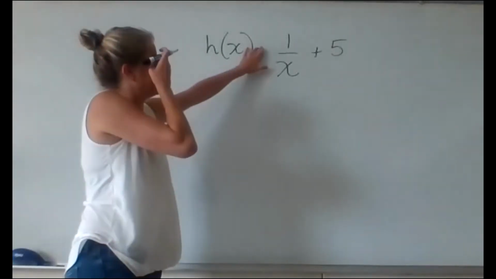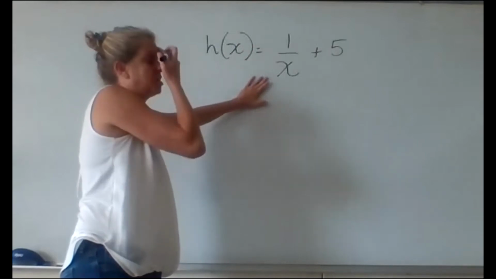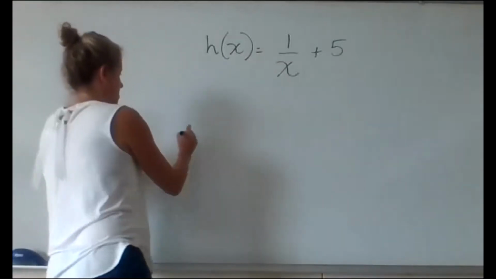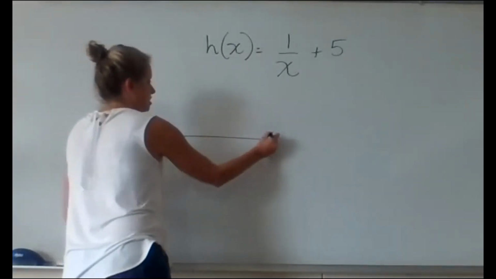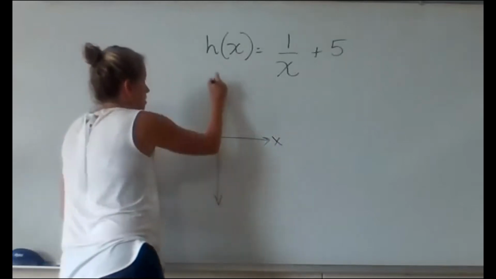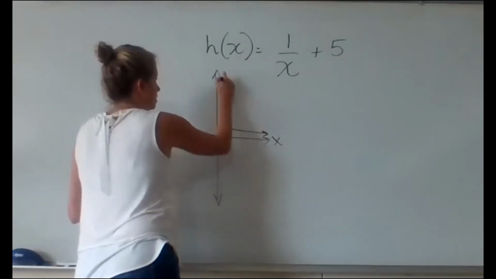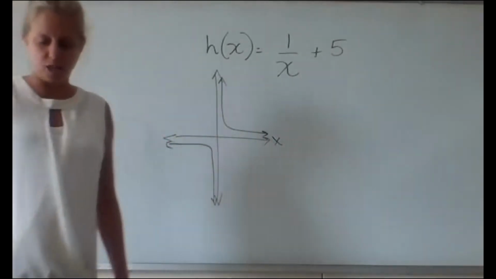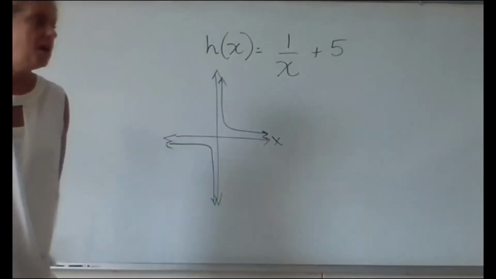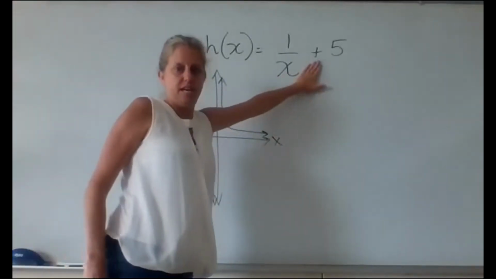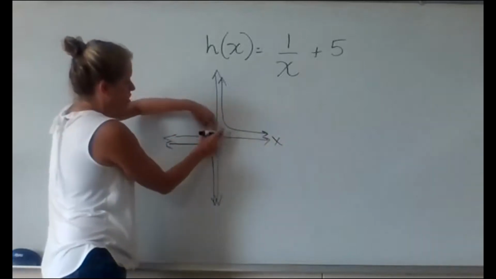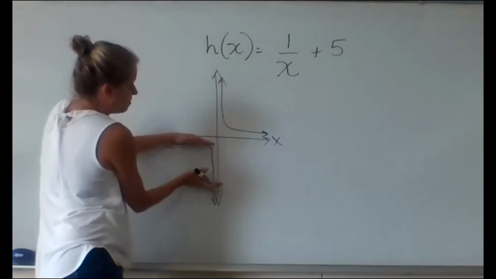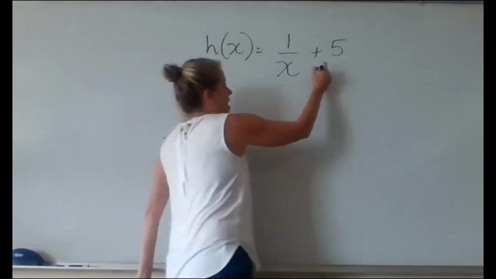The 1 over x, if you go back to the very beginning of the notes on this section, you'll see that that's a rational function, and if you're looking at the x and y axis, that's what the graph of 1 over x would look like. What is this going to do to it? It's going to shift the middle of this graph up 5.